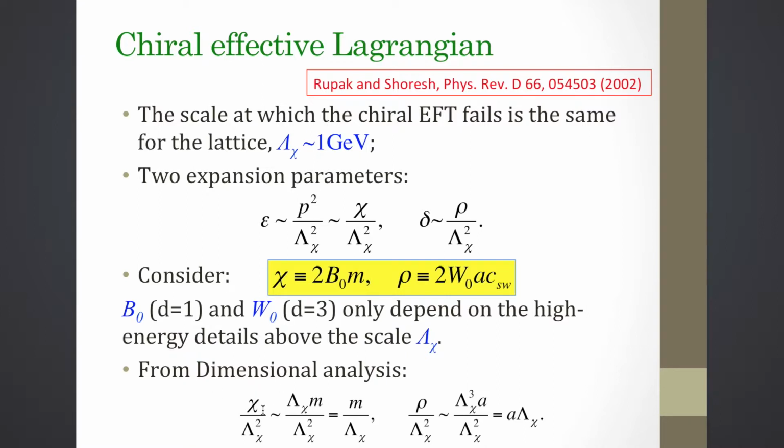So we conclude that chi over lambda squared is of the order of m over lambda, while rho over lambda squared is of the order of a times lambda.